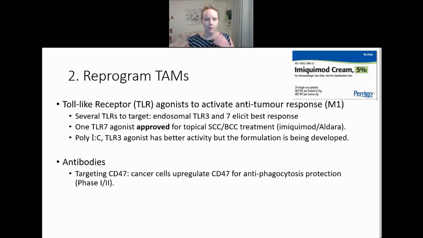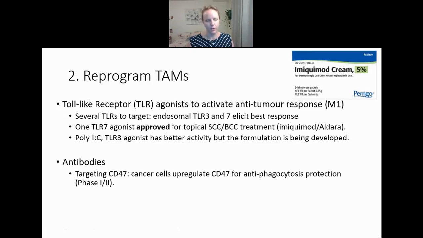Cancer cells use CD47 to hide from macrophages, but antibodies against CD47 could increase the phagocytic activity of macrophages against cancer cells.